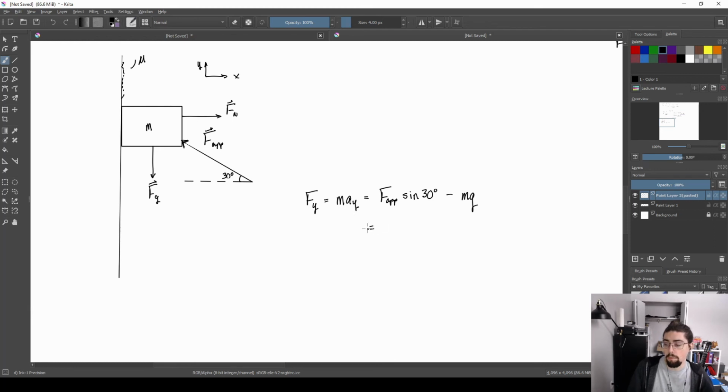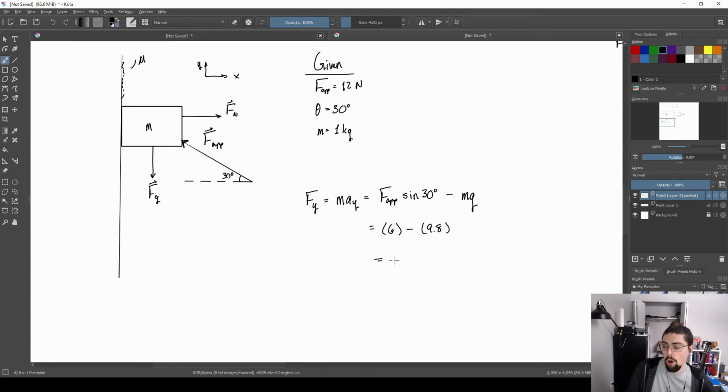If I plug in these numbers, I know that the applied force is 12 newtons. Whoa, not theta. Sorry, my thoughts are getting ahead of me here. I know my theta is 30 degrees as I need that thing. I know the mass is 1 kilogram as I need that. I can plug all of these things in, and what I should end up with is 6 minus 9.8.